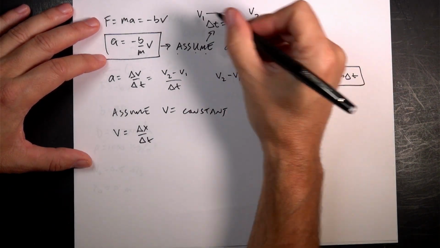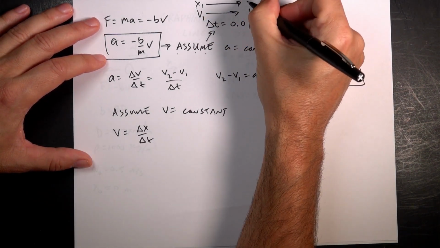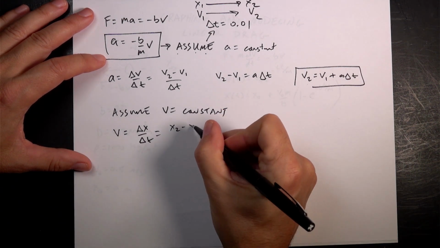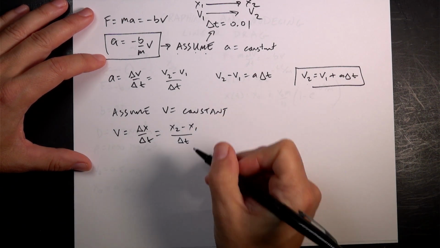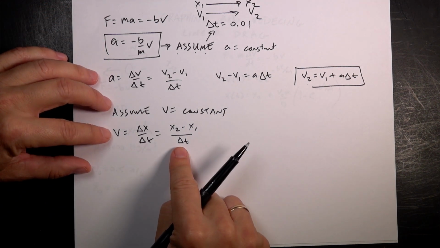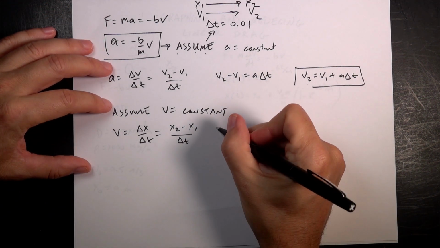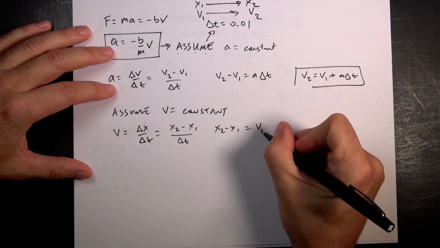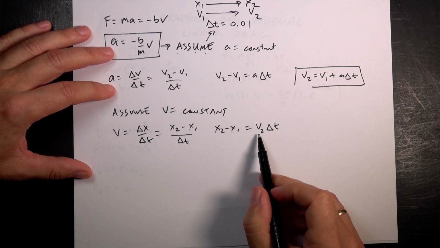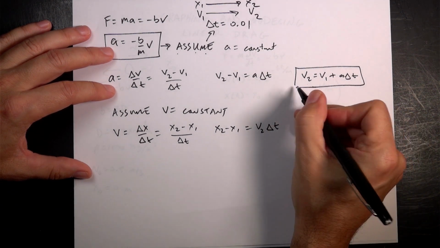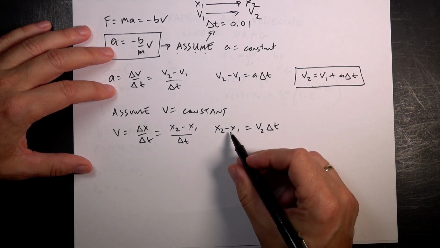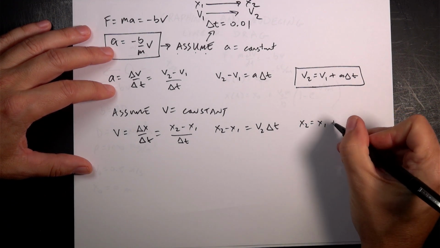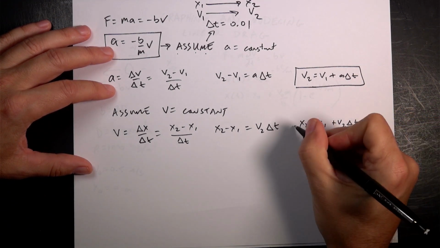And if I have x1 at the beginning going to x2 at the end, then I can say this is x2 minus x1 over delta t. Now if I multiply both sides by delta t, I get x2 minus x1 equals v2 delta t. I'm going to call it v2 because I just calculated that velocity. Now I can add x1 to both sides. I get x2 equals x1 plus v2 delta t.